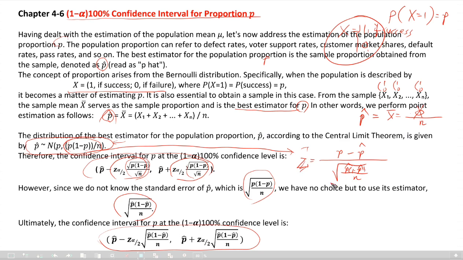It is a mystery. The distribution of p minus p hat over square root of p hat times 1 minus p hat over n has not been found yet. So you don't have to worry about it, but if somebody is interested in the distribution of this part, you had better forget it. Thank you. Bye.